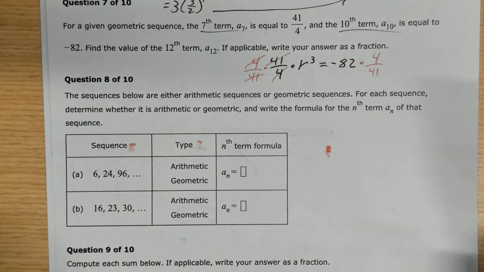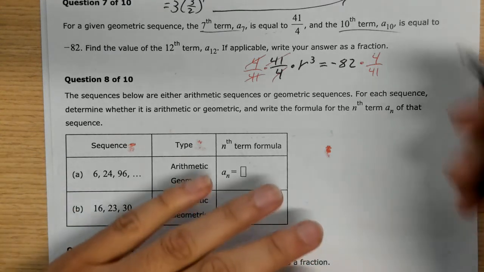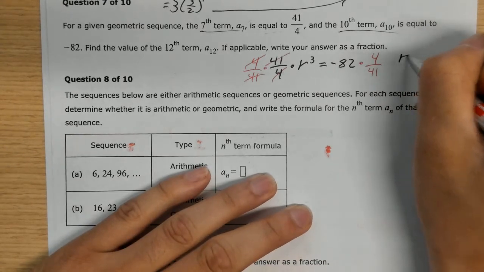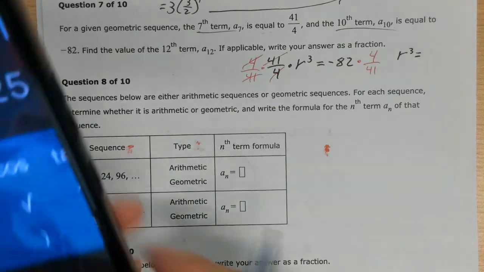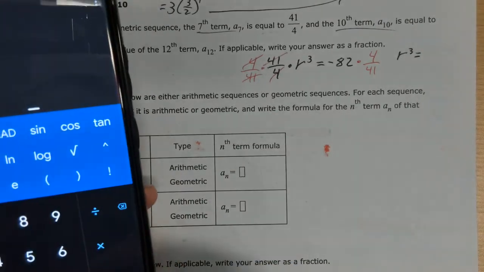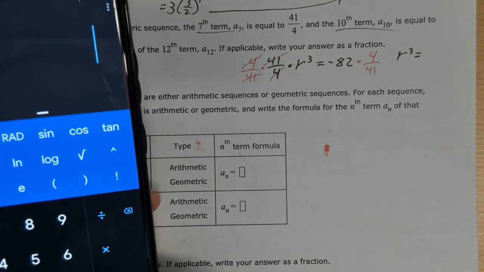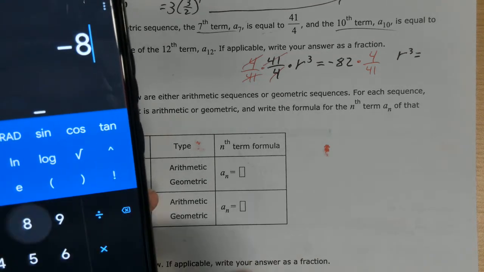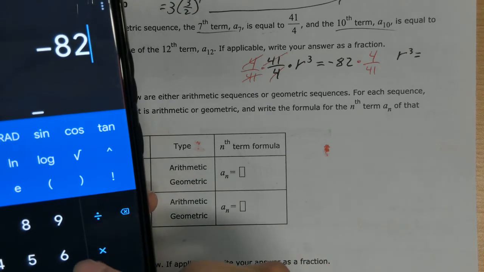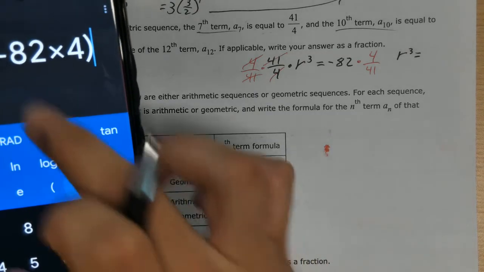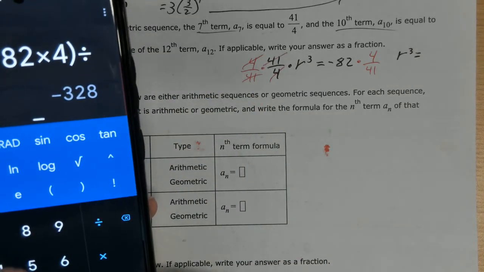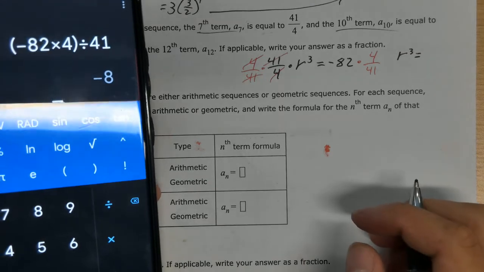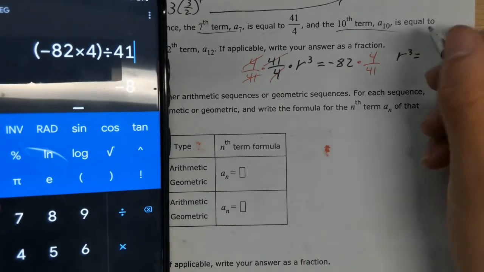This way I'll be left with r cubed equal to negative 82 times 4, and then that divided by 41.